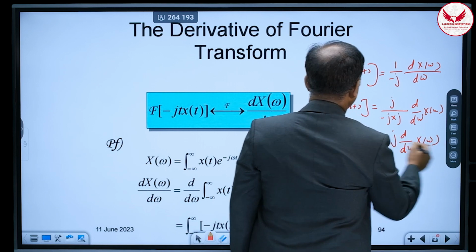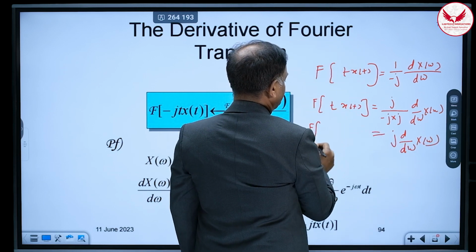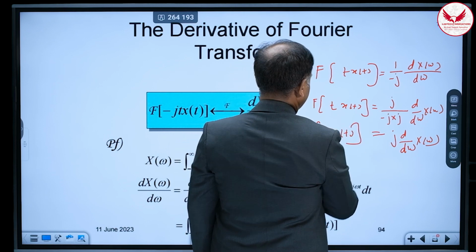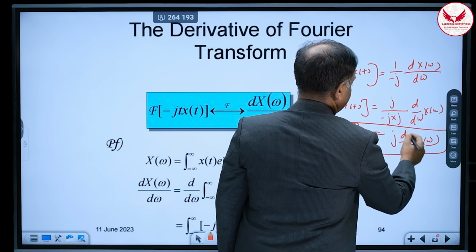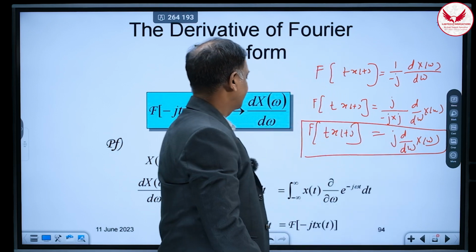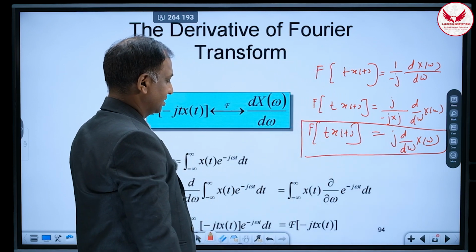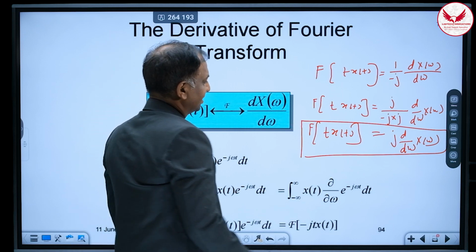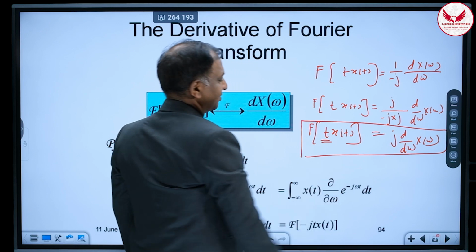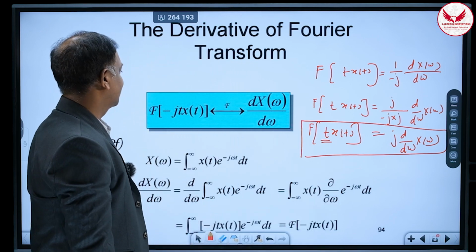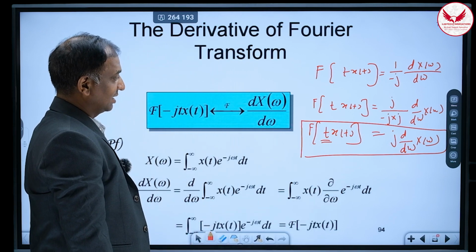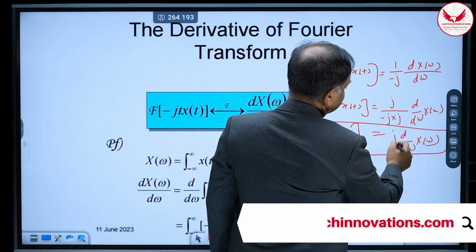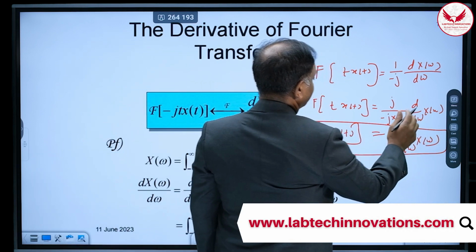That is, the Fourier transform of t into x of t is equal to j into d by d omega of x of omega. That means if the signal is multiplied in the time domain by t, that is equivalent to its Fourier transform being j into d by d omega of x of omega.